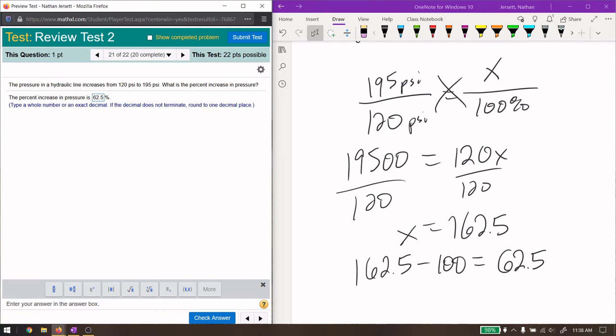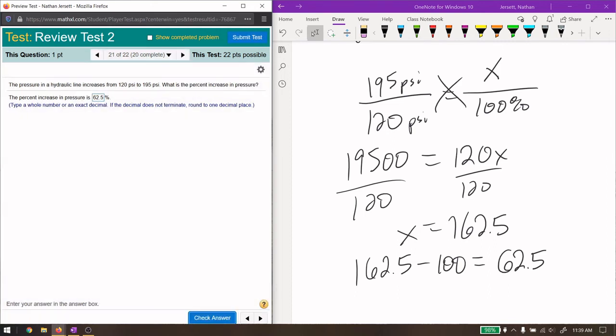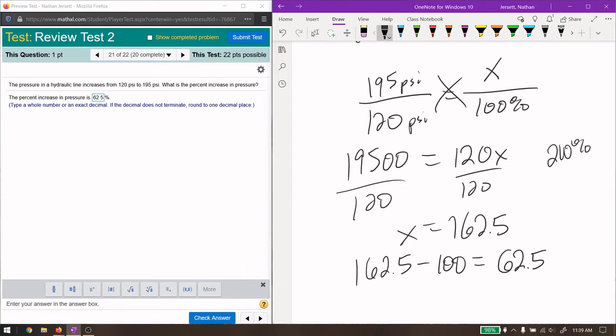You can say it both ways. If they're asking for a percent increase though, you're only really looking for what's above 100%. So if it was, for instance, 210%, that's 210 minus 100 equals 110% increase. It's quite a large increase there.